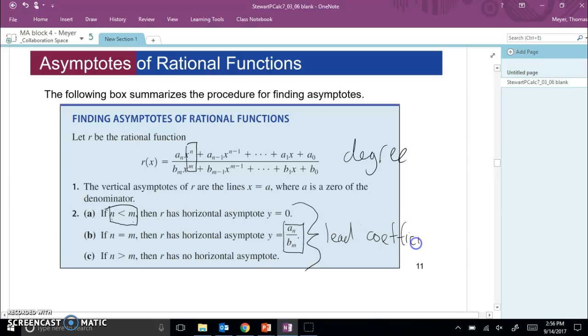And you just do the top leading coefficient over the bottom leading coefficient. When the top is greater than the bottom, there is no horizontal asymptote. There's what we're going to call an oblique or a slant asymptote. We will get into those more on Monday, not today.